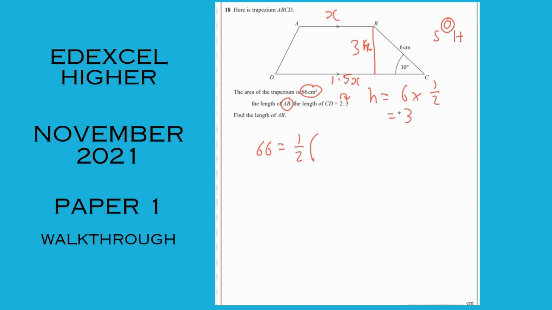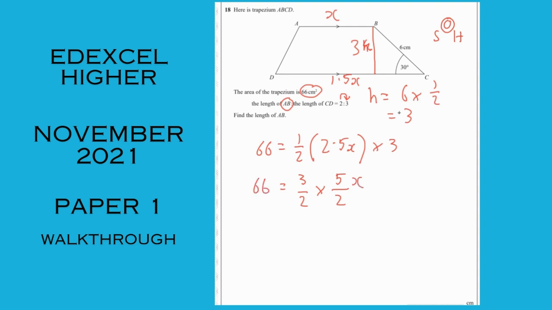That's 1 plus 1.5. That's 2.5x multiplied by the distance between them, in other words, the height. So let's just simplify things because we haven't got a calculator. So 3 times a half is 3 halves, and 2.5 is better written as 5 over 2.